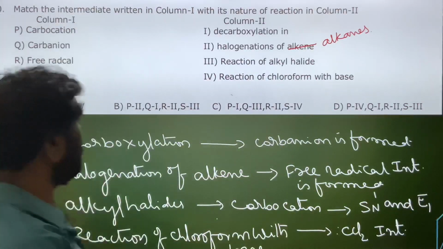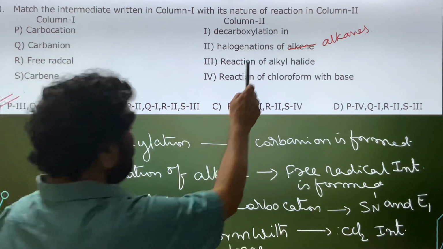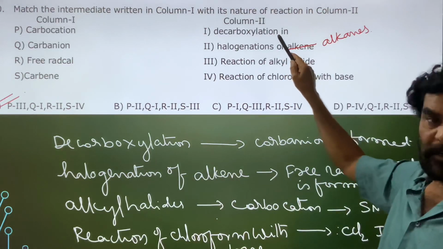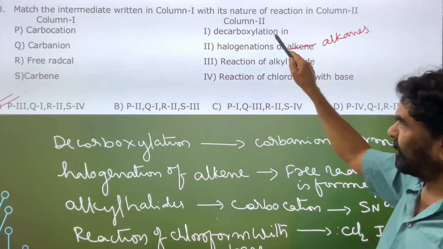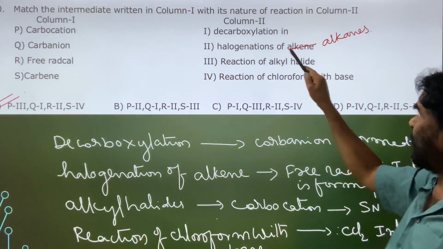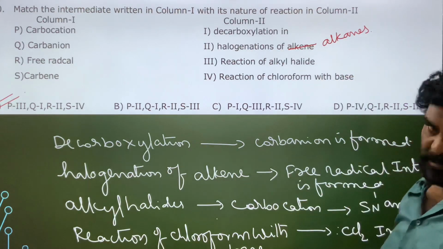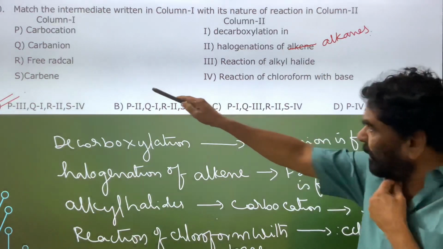The next one, several of these things are given. Decarboxylation. I have shown the soda lime method. Decarboxylation, a carbanion is formed as an intermediate. And halogenation of alkanes, not alkenes. In halogenation of alkanes, a free radical intermediate is formed.